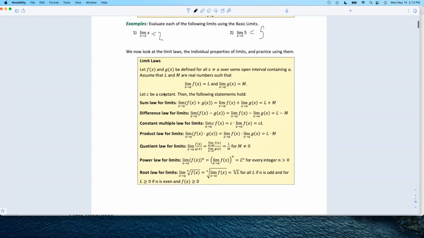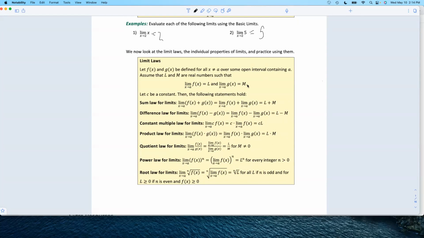Okay, and then all of our algebraic rules for limits. Say we already know the limit as x approaches a of f of x is L. We've given that a name. And we've given a name to the limit as x approaches a of g of x.